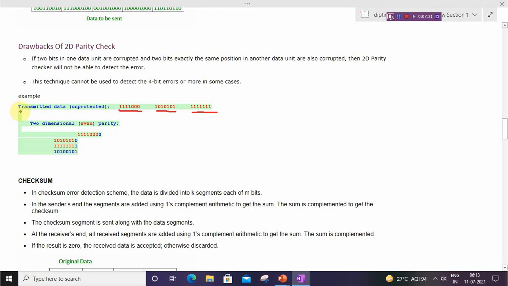This example is with the transmitted data, unprotected data, two-dimensional even parity. So we have to write this data in a tabular form and we have to calculate the row parity and column parity.